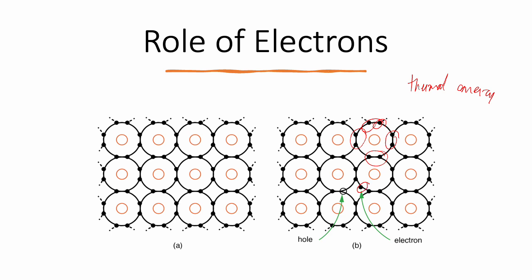If this is the electron, and the electron leaves or jumps into another level, it forms a hole, and this hole is considered positive. So we can create electron-hole pairs, which results in weak conduction.